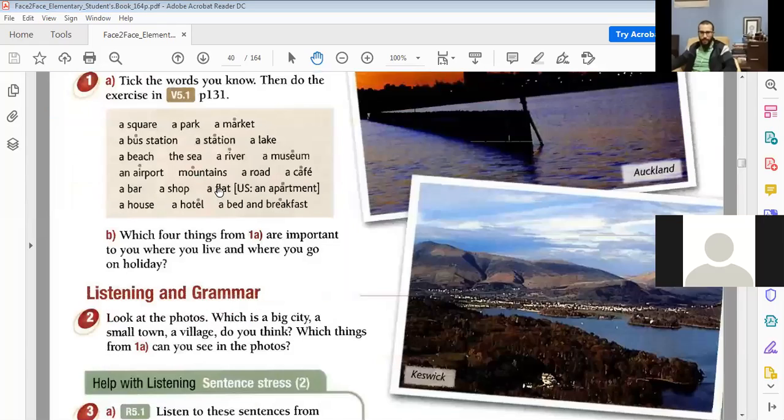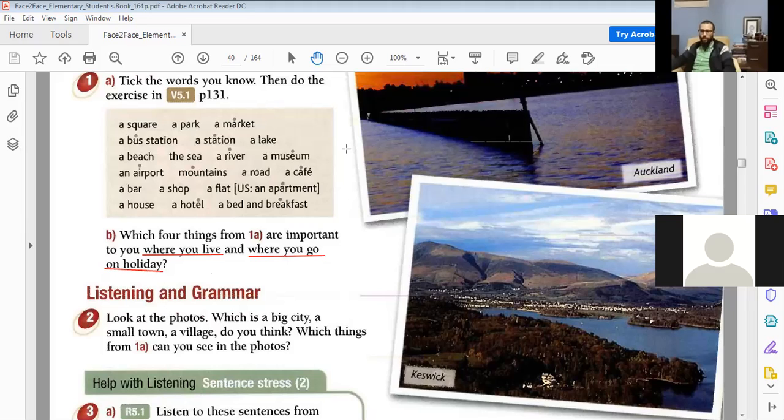Here I want you to choose which 4 things from this list you think are important to you, where you live, and where you go on holiday. So maybe some of these places are more important near your house, and maybe some of them are more important when you go on holiday.